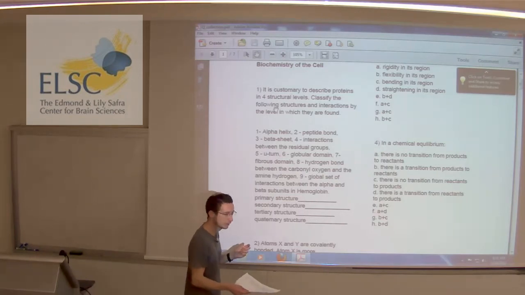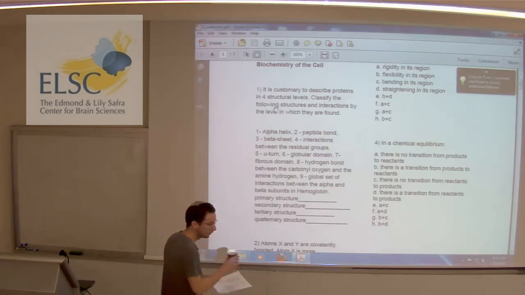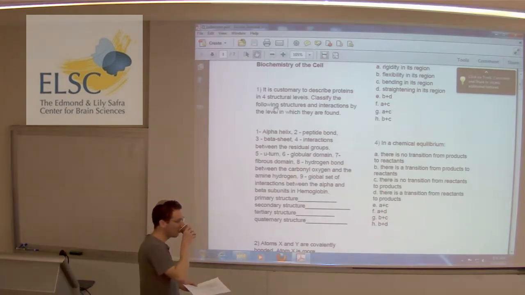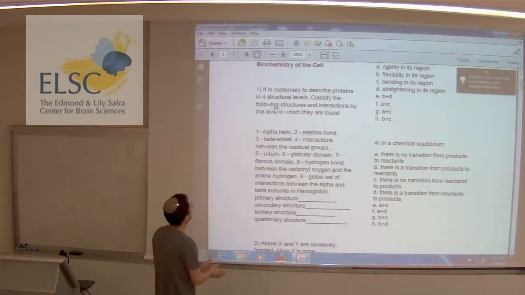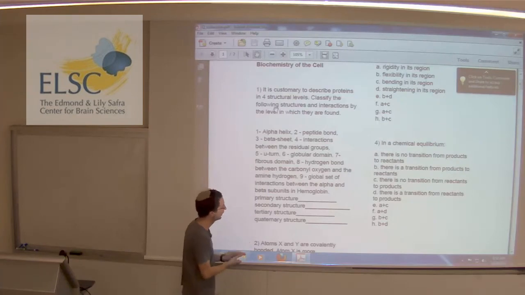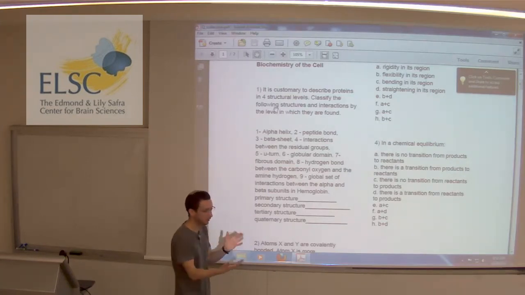Could you just repeat the tertiary structure of the quaternary structure? So the tertiary structure, we have addressed domains as parts of the tertiary structure.